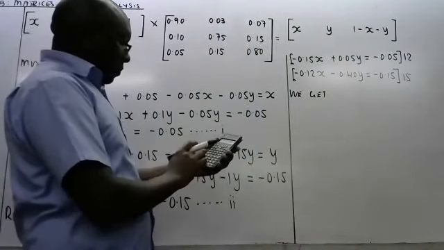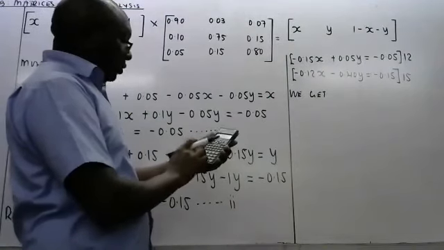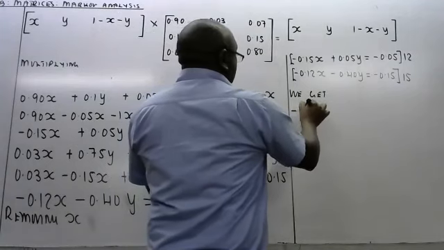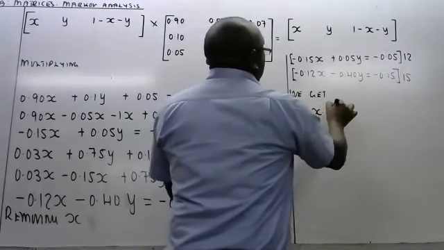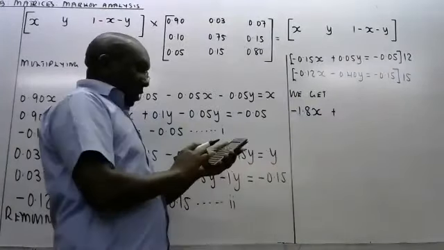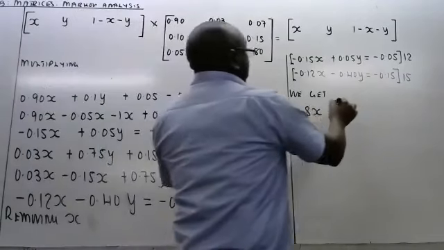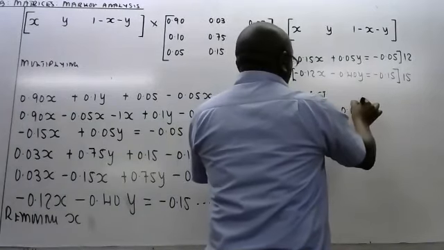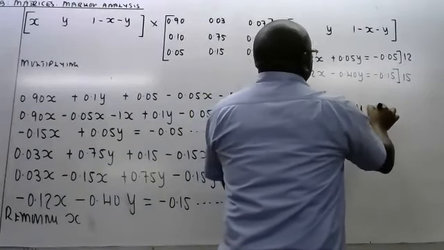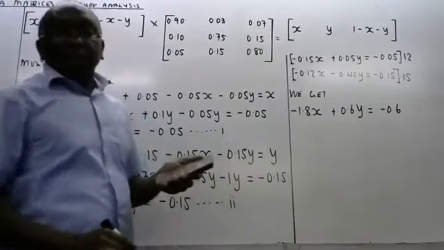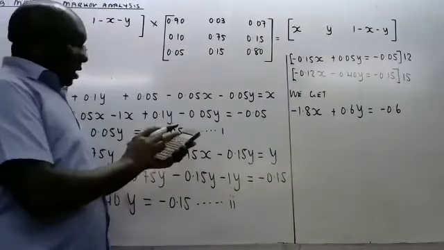I will say 0.15 times 12 is minus 1.8x plus 0.05 times 12 is 0.6y, equal to minus 0.6.